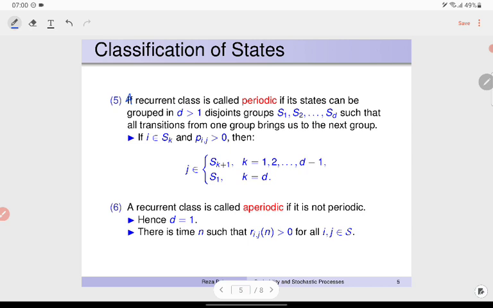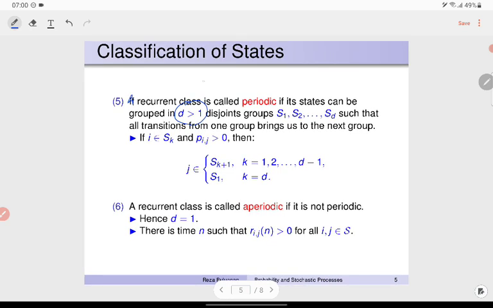D larger than 1 means at least 2 disjoint groups. If it is only 1, then it is not periodic. At least 2 groups, S1, S2, and so forth until SD, such that all transitions from one group bring us to the next. I mean, this is going to be clearer if we see the formal way to describe it.